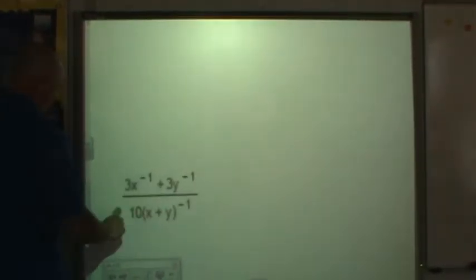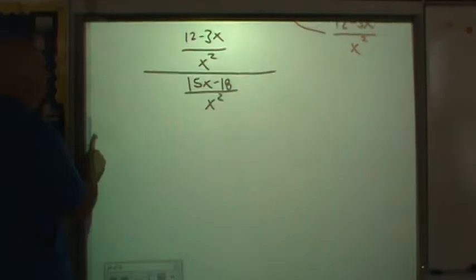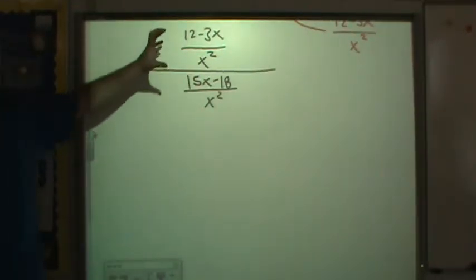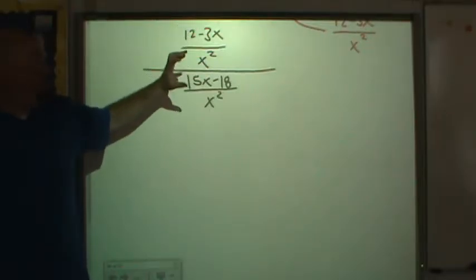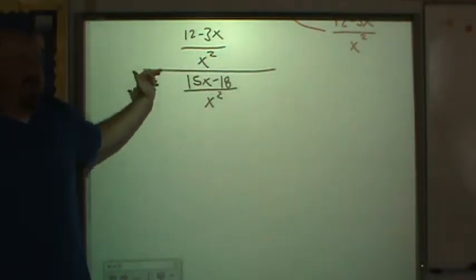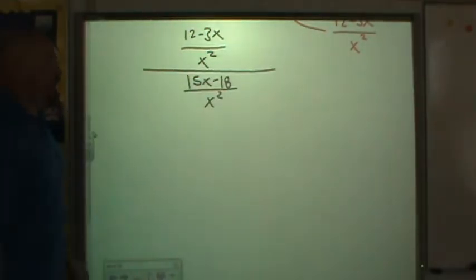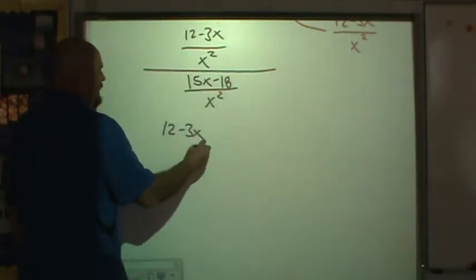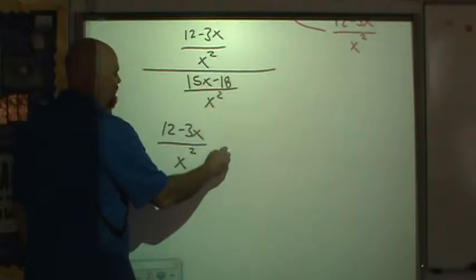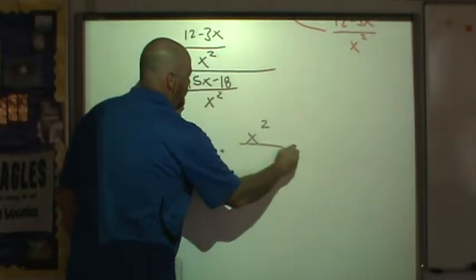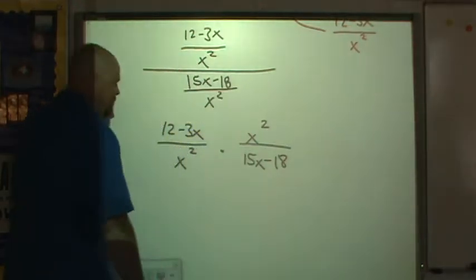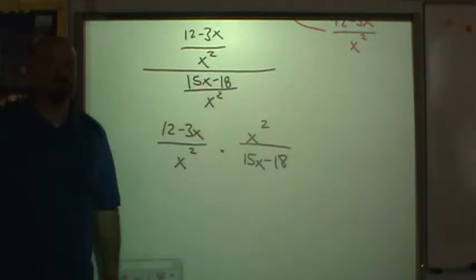Give myself some more room. So we're here. Now I have a fraction on the top, I have a fraction on the bottom. I am dividing it. When we divide fractions, we multiply by the reciprocal of that bottom one.